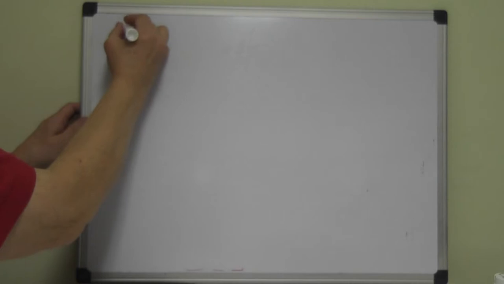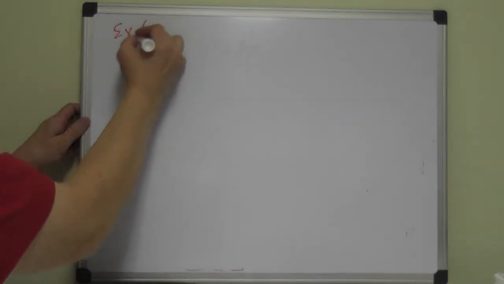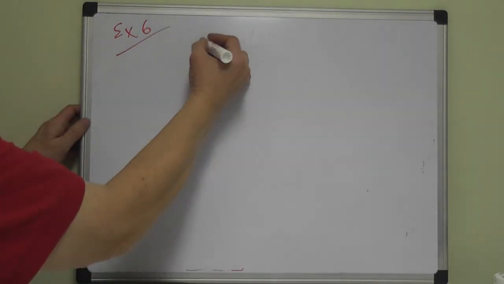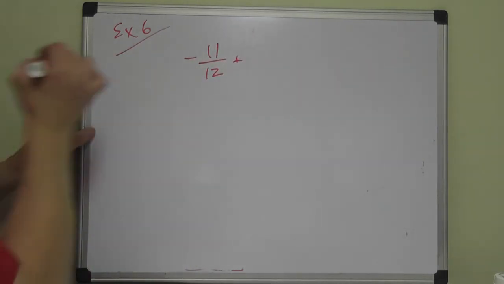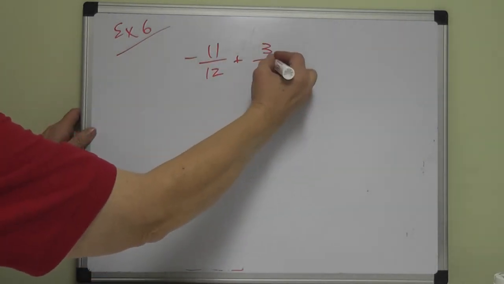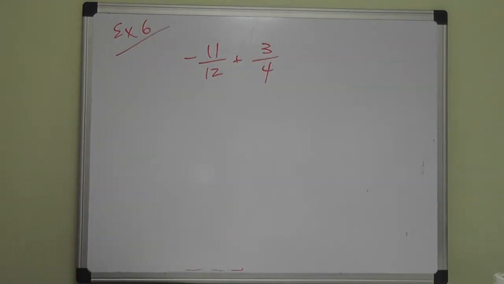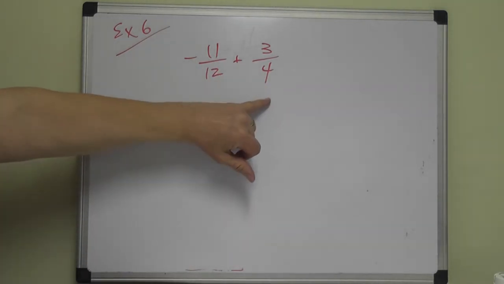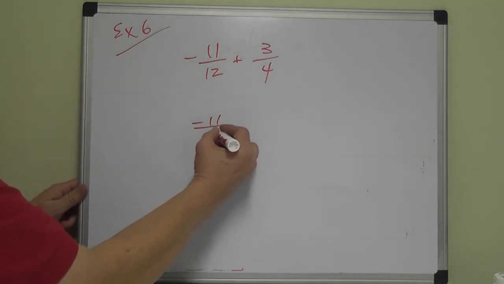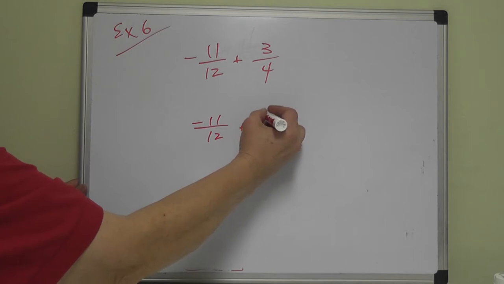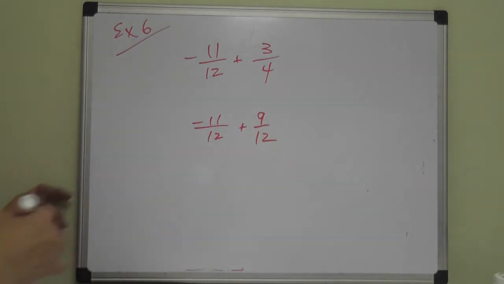We have example number 6, and we're going to add negative 11/12 plus 3/4. Rename these with a common denominator of 12 by finding the least common multiple if you need to, multiplying numerator and denominator here by 3, you end up with a negative 11/12 plus 9/12.